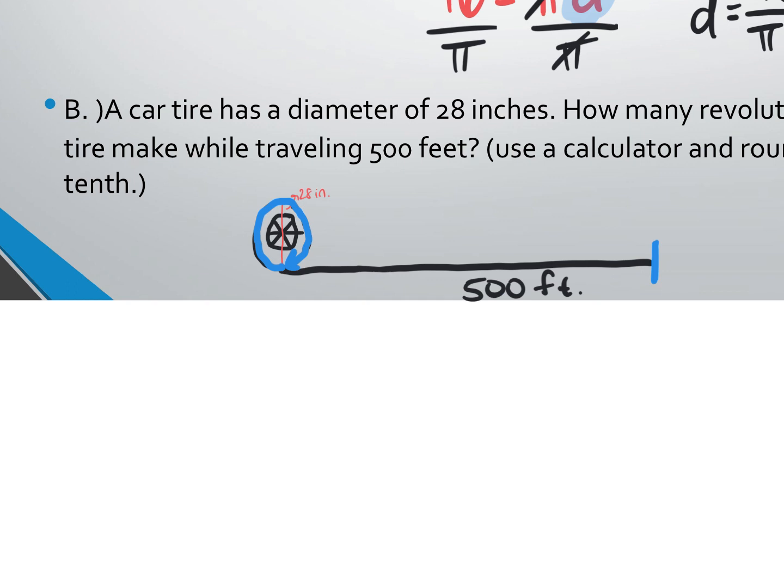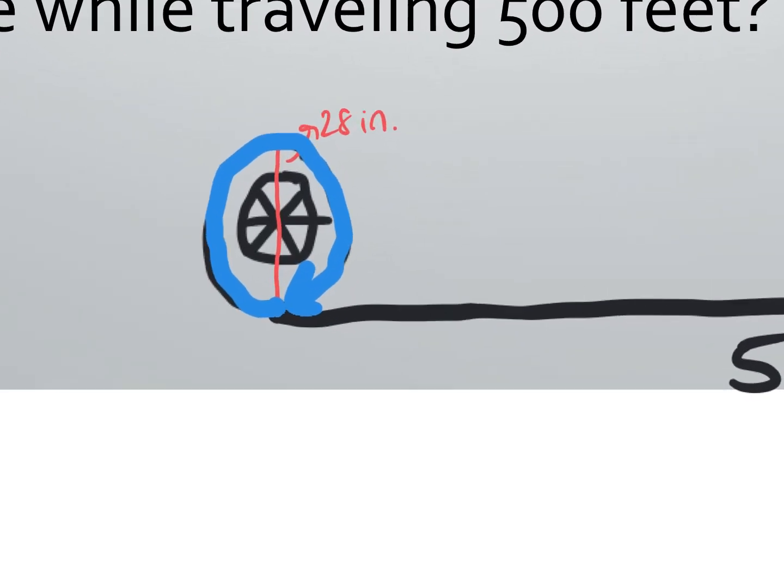If you do 1 360. Yeah, so a whole 360 degrees, right? But remember, we're not going to measure this in degrees because degrees and feet are different units. So what could we find about this circle that would help us with this problem? 28 divided by 360. No. The radius. What is the radius here?